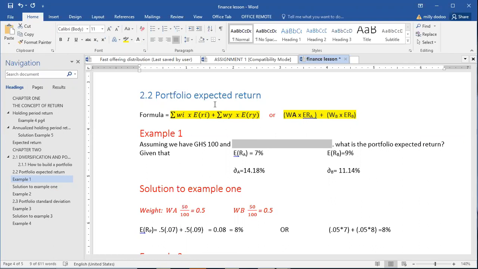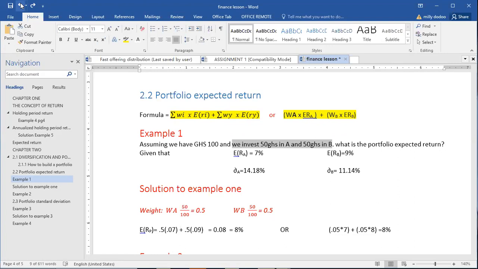Now, when I give two of you 100 Ghana cedis and I say share it, and I do not give you the sharing ratio, all things being equal, you will share it 50 Ghana cedis, 50 Ghana cedis. Is that right? Good. So when you have been given two investments and the weight has not been given, we assume that the weight in this investment is 50-50.